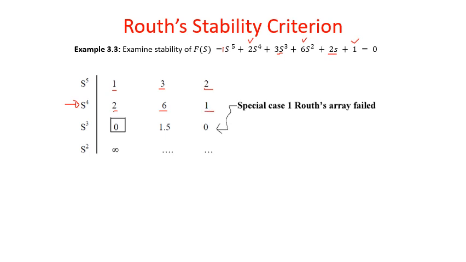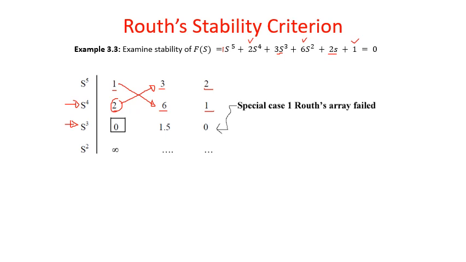So to fill s^3, what we have to do is multiply the s^4 and s^5 rows and get the s^3 row. How to do it? 2 multiplied by 3, that is 6, minus 1 multiplied by 6, that is also 6, whole divided by 2. 6 minus 6 will be equal to 0, so divided by 2, you will get the value as 0 itself.